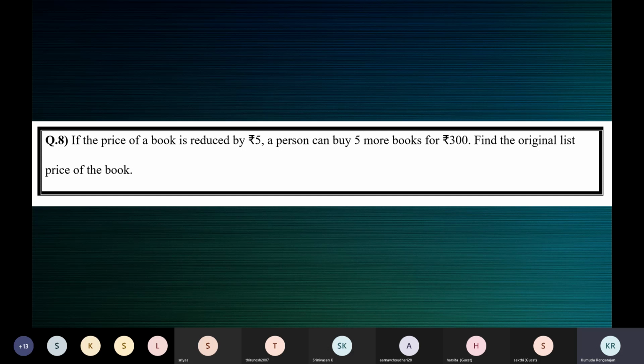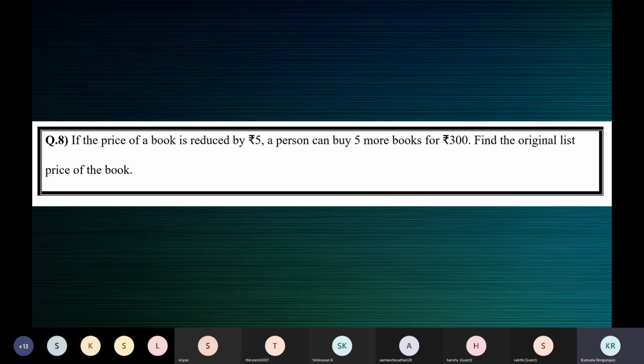Like that, the original list price is X, and the new price is reduced by 5, so it's X minus 5. So you have two different prices, one is X and the other is X minus 5, and the money you have with you is 300.